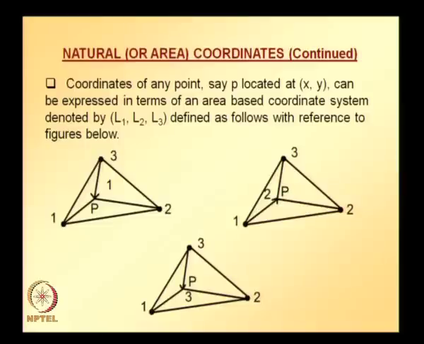So, now let us see how L1, L2, L3 are defined. L1 is nothing but ratio of area opposite to node 1 to total area, or area opposite to node 1 divided by total area.